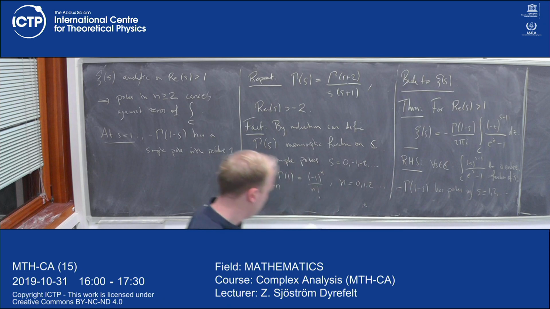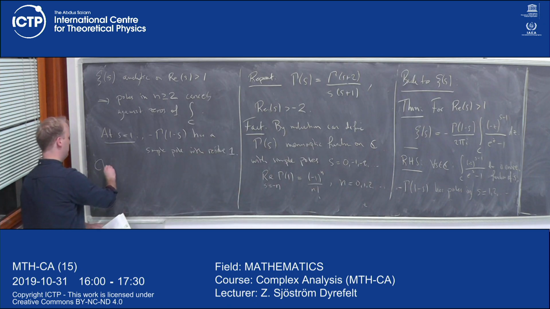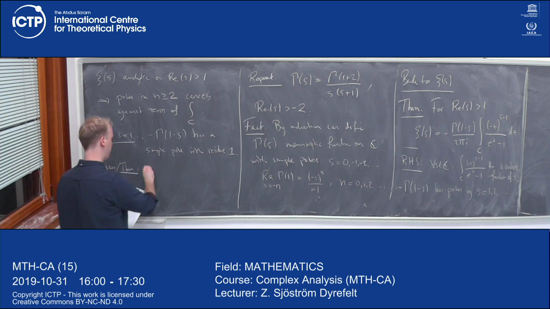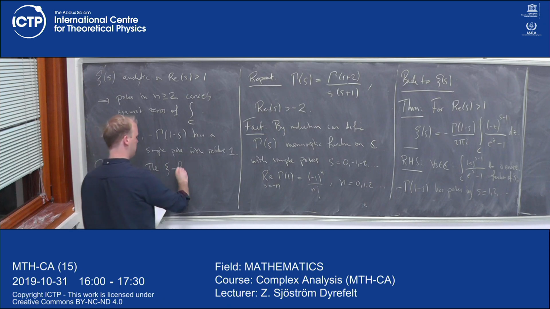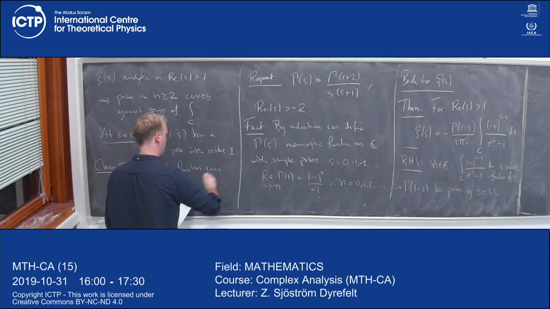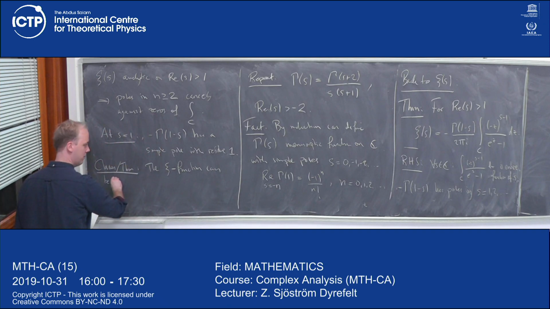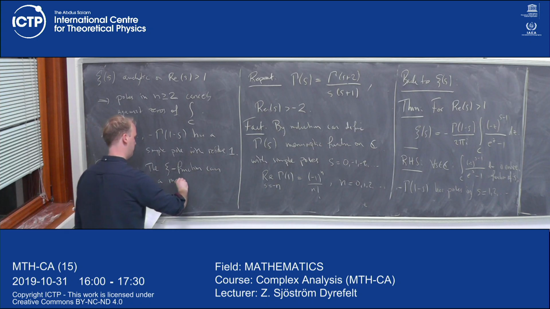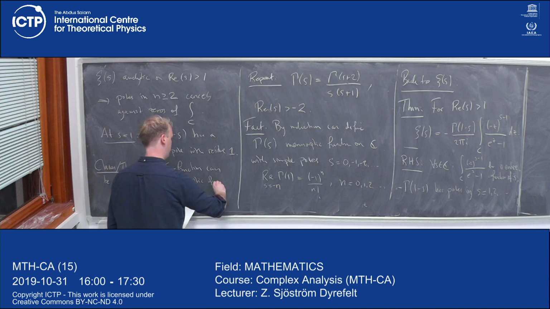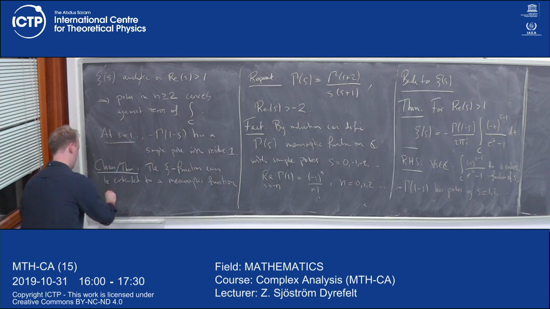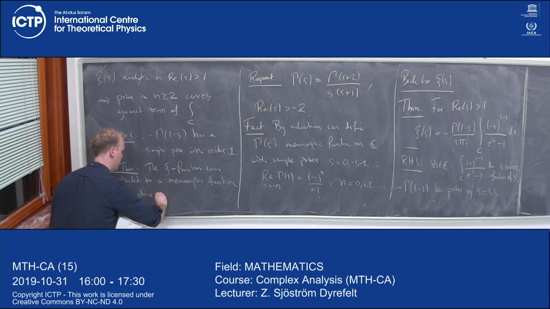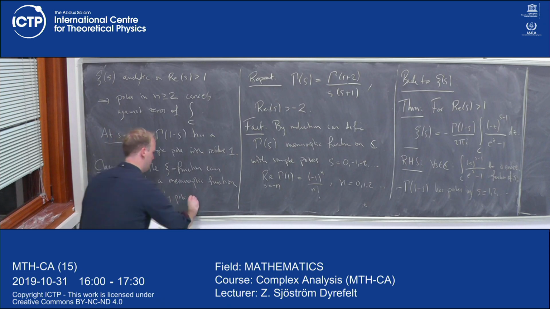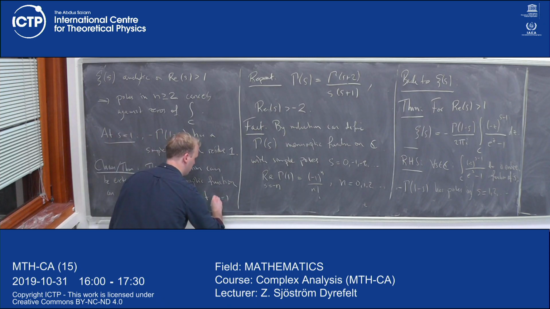And now, what we have shown is the following. It's a claim or a theorem, whichever you want, that the zeta function can be extended to a meromorphic function on all of C, whose only pole is at s equal 1.